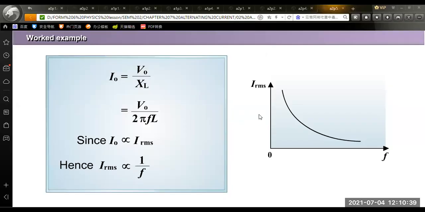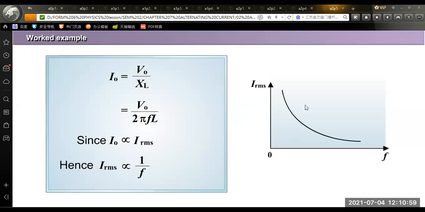Okay, ladies and gentlemen, here we notice that the IRMS is inversely proportional to the frequency. Once the frequency increases, the IRMS will reduce.